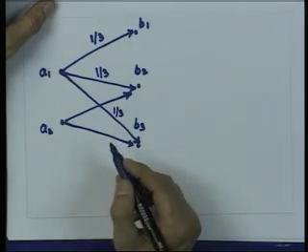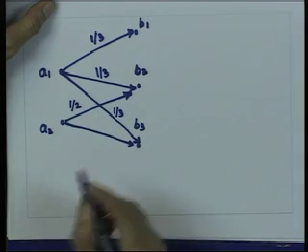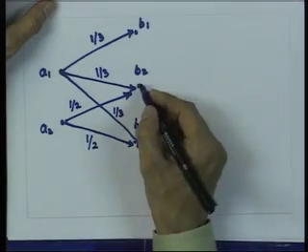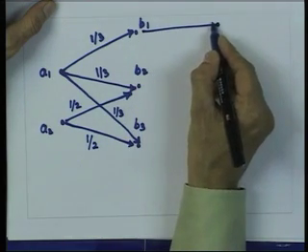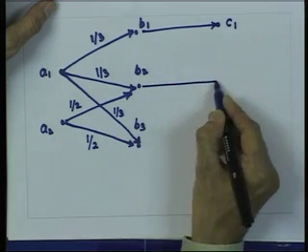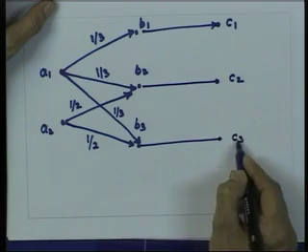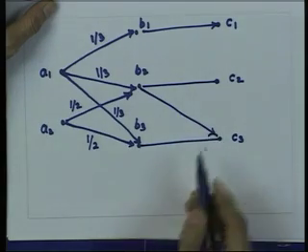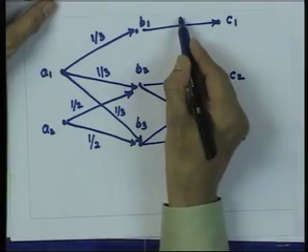Probability of B2 given A2 is equal to half, and probability of B3 given A2 is half. Now, this channel is cascaded with another channel. So, the channel diagram follows. This is C1, C2, C3, this is equal to 1.